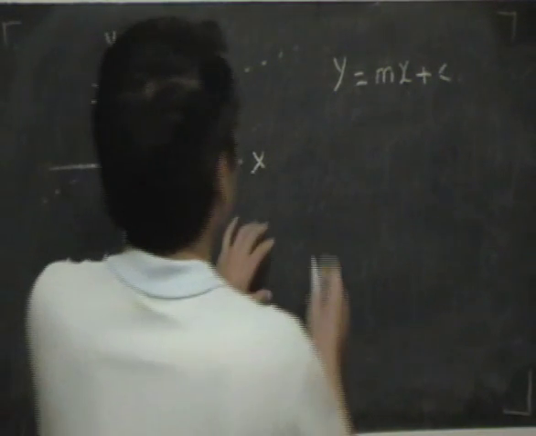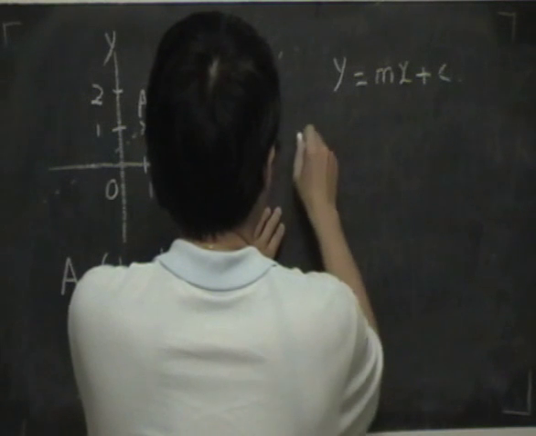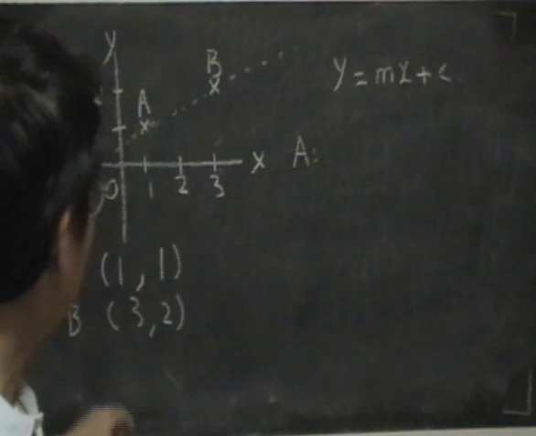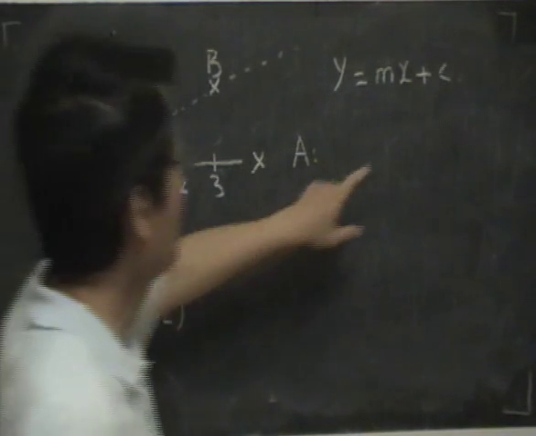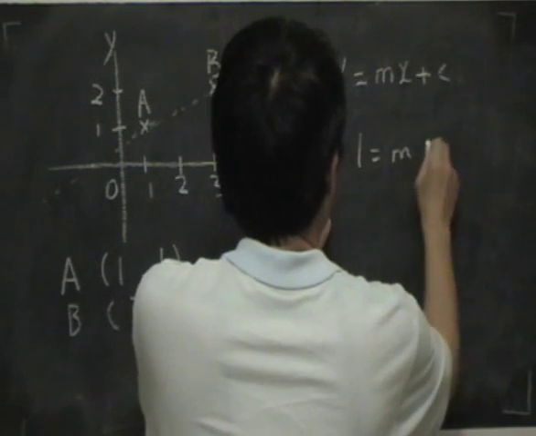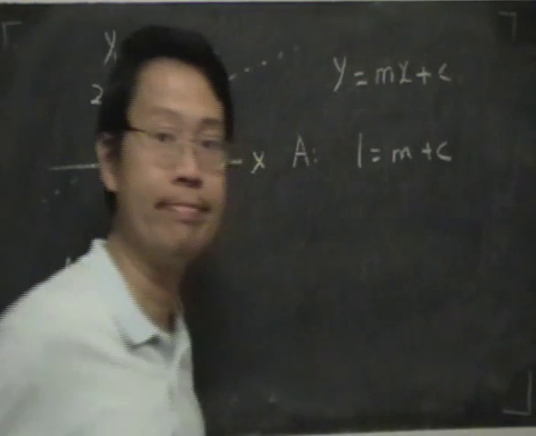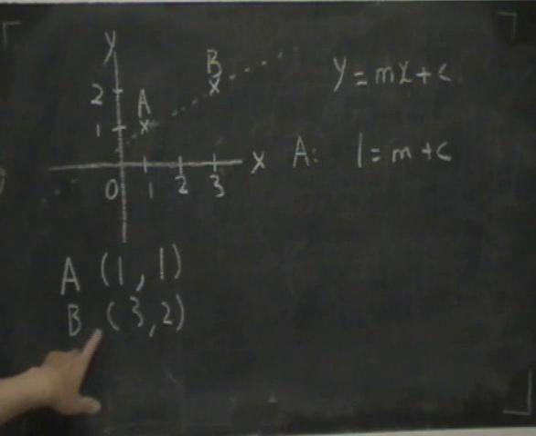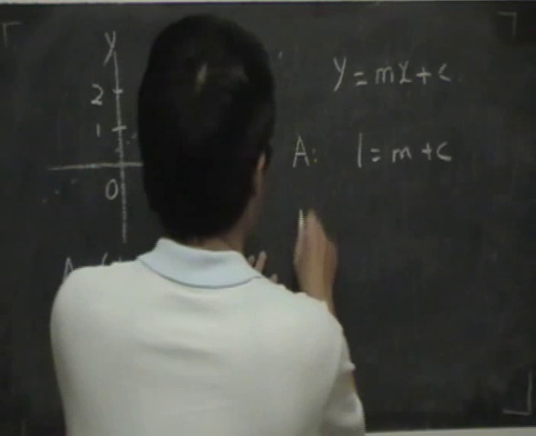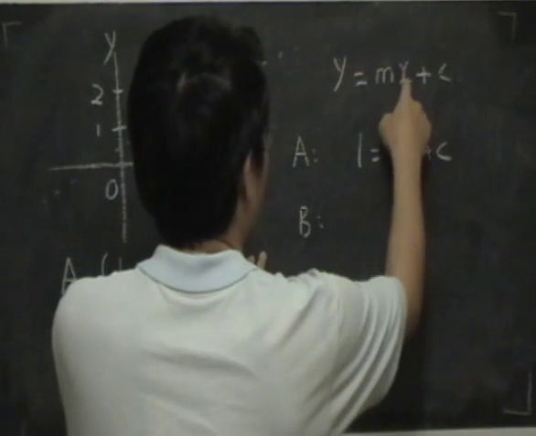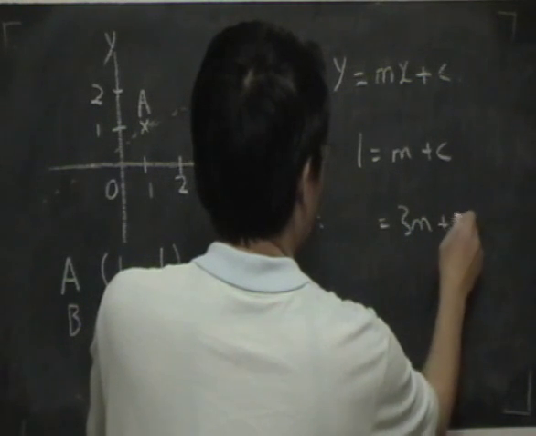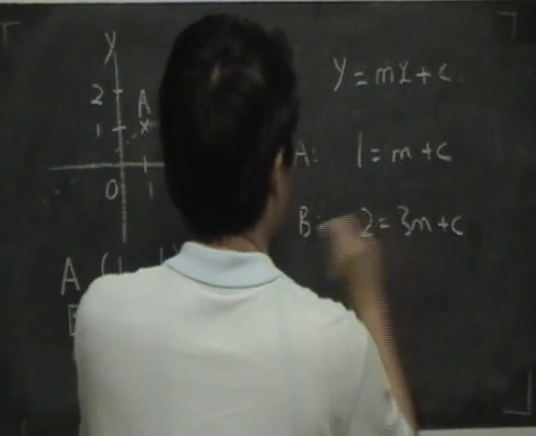So let's try that. If I start with A, then let's put the numbers 1 and 1 into the x and y. So I get 1 equals m plus c. Now B is 3 and 2. So the x is the 3, the y is the 2.